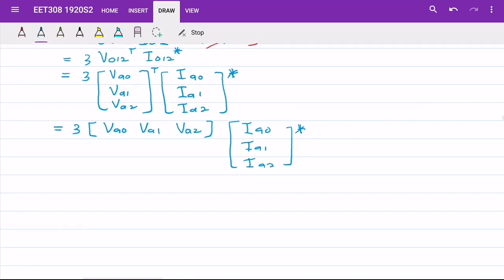And then we simplify, we get 3 times VA0 times IA0 conjugate plus VA1 times IA1 conjugate plus VA2 times IA2 conjugate. So this is the equation for the three-phase apparent power.